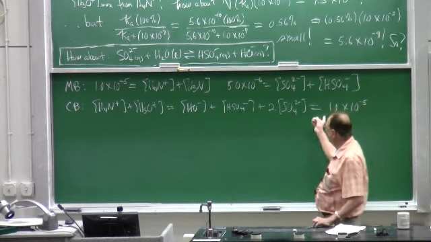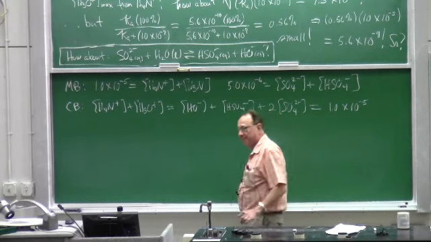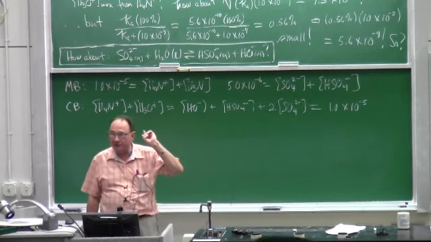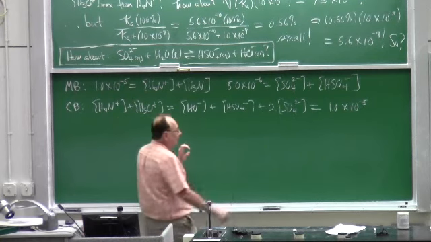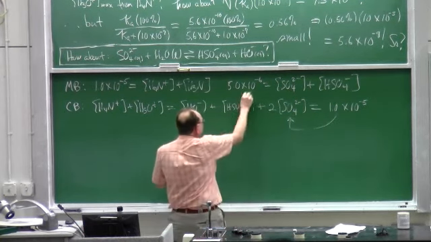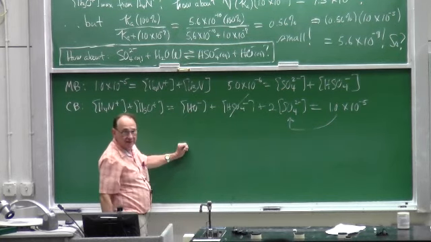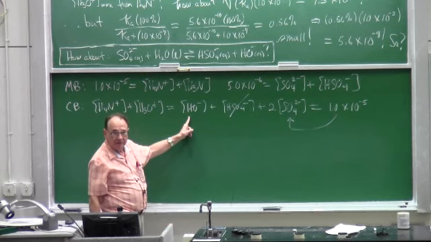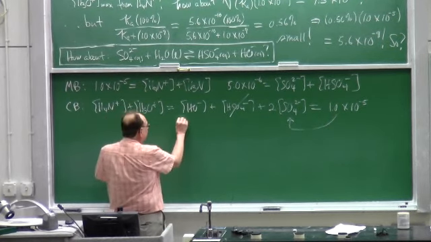Why is this legitimate? Have we not recognized that sulfate ion, practically speaking, isn't going anyplace? So this, we can write in for this. This, we've demonstrated, is in essence negligible. And does this introduce a new unknown? No. This is this.